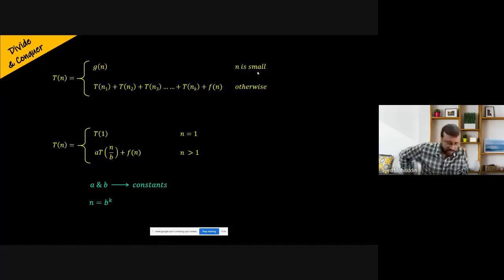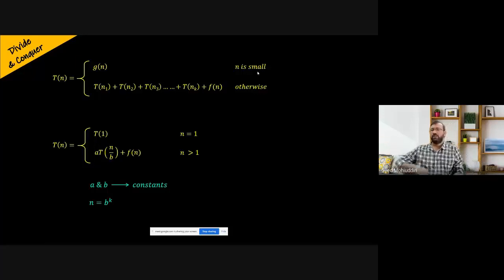We consider that n is the size of the input, and when the size of the input is small, we say n is 1. So when n is 1, the size of the problem is very small, and we can easily solve that problem.